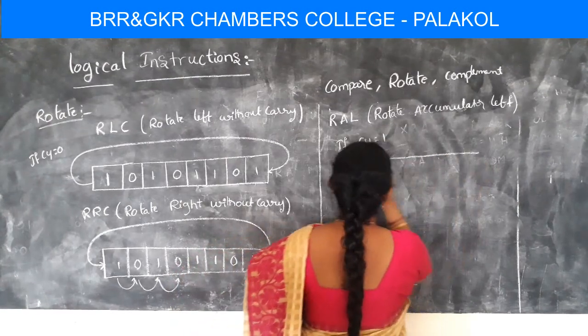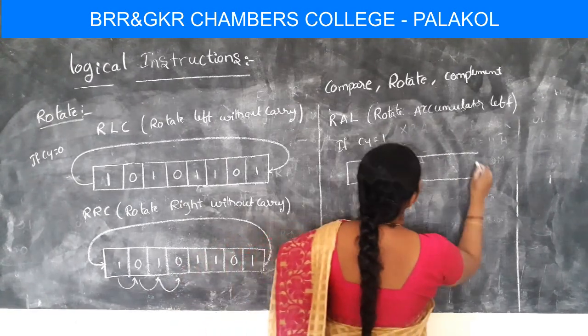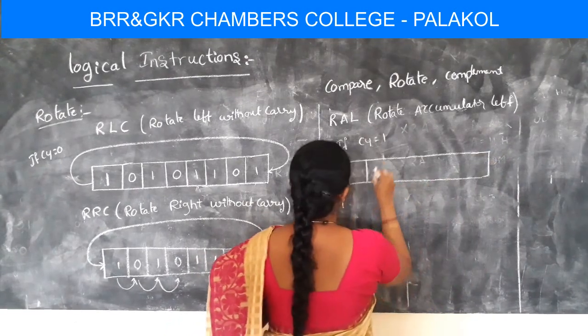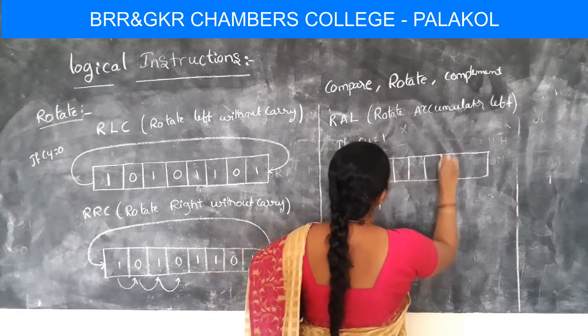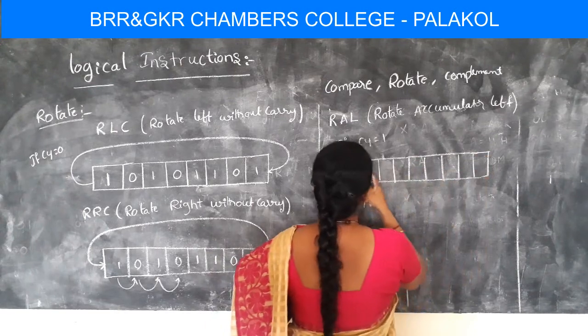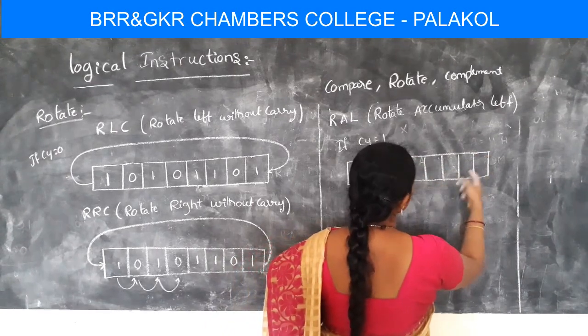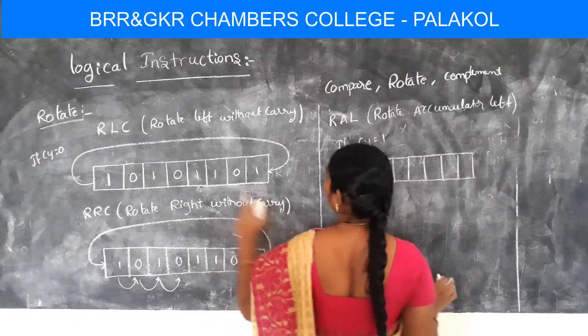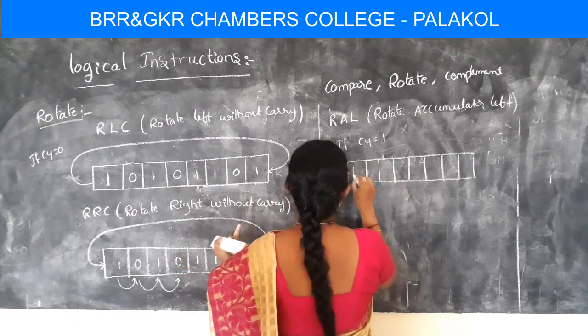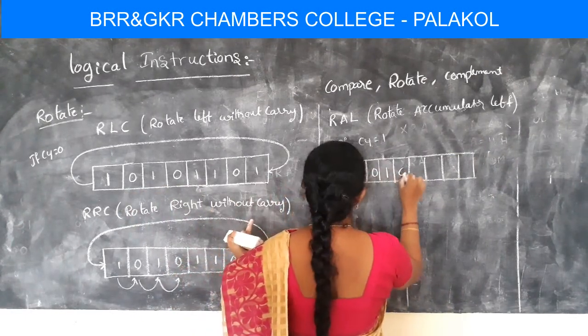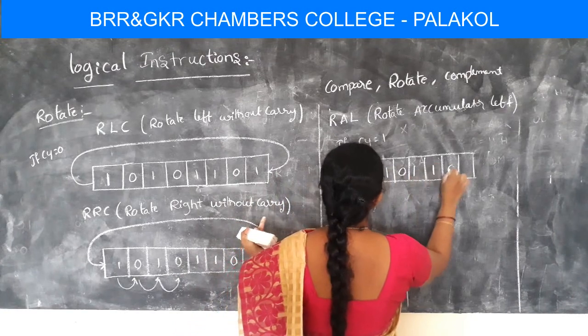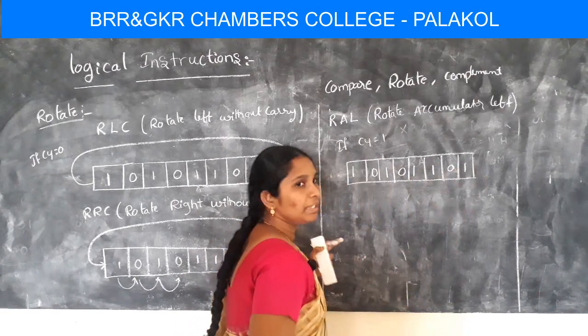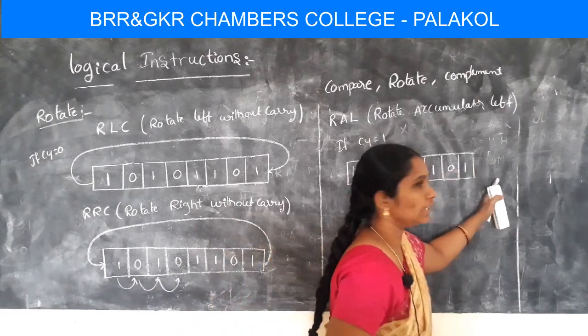Now I will take an example, bits 1 to 8, and again the same example: 1 0 1 0 1 1 0 1. The bits are moving this side.